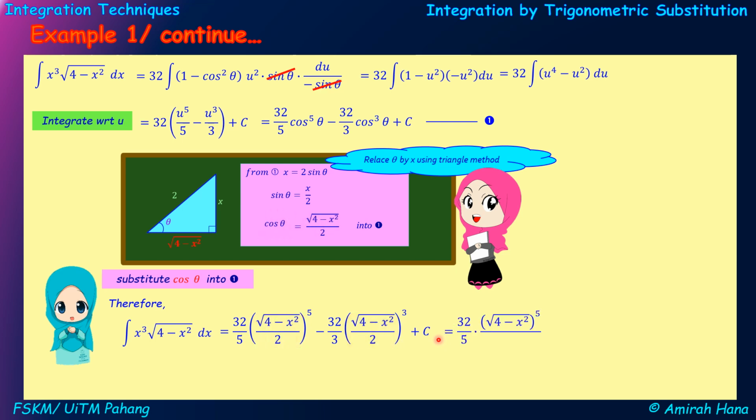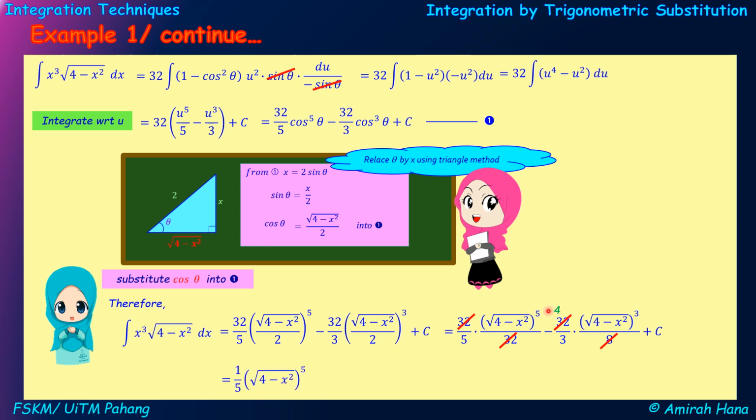After that we can simplify. We can simplify the 32 in the numerator and denominator, and then simplify 8 and 32, so we get 4 here.